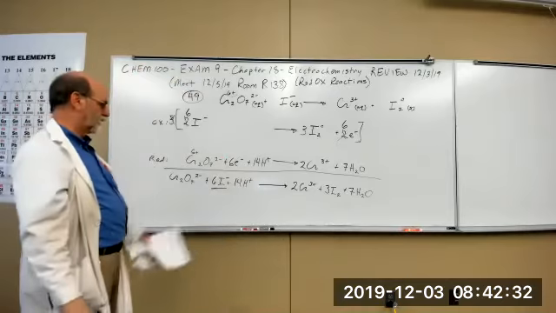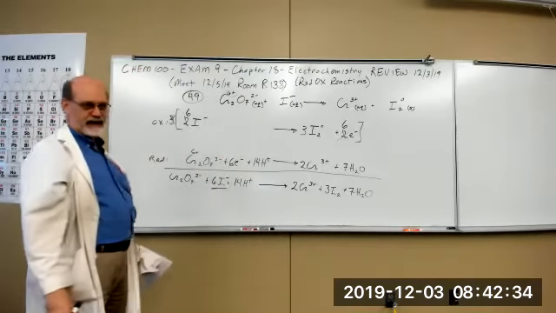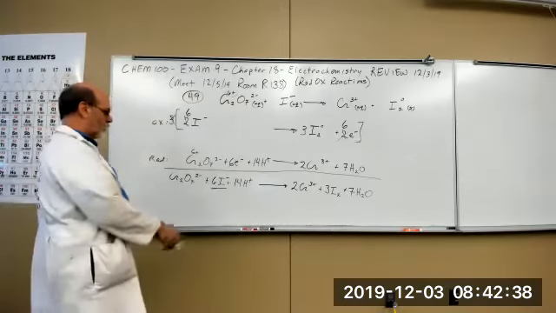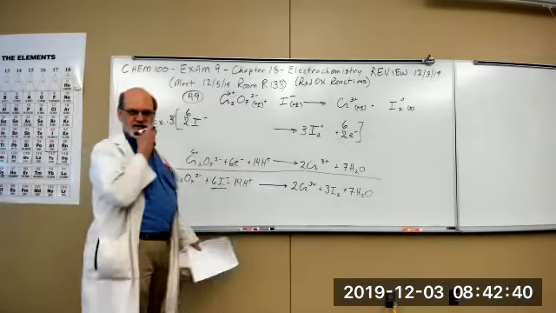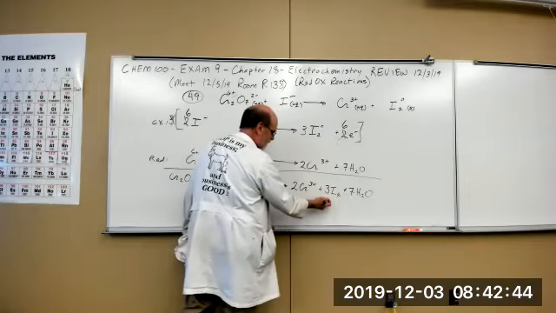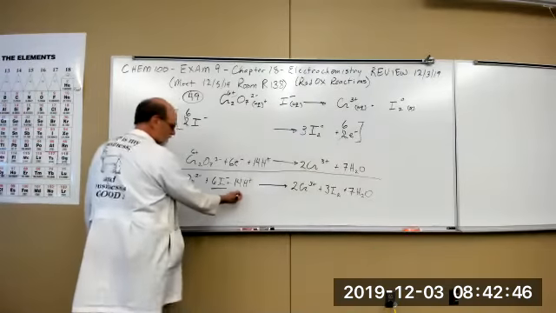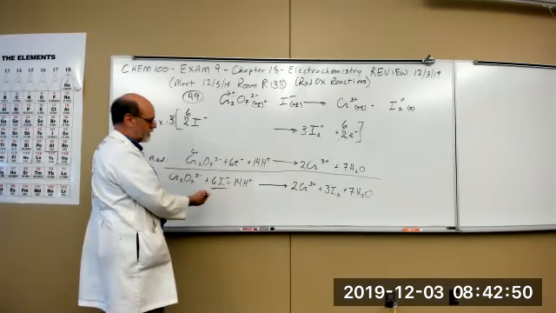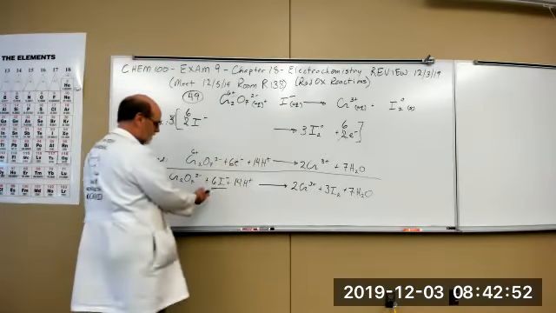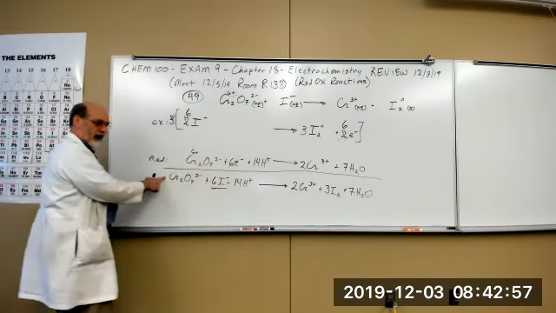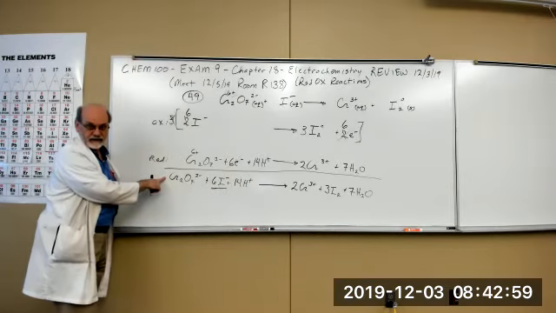It'd be 7. What's the coefficient for the iodine molecule? 3. Or what's the total of all of them? So what would be the total? Well, 7 plus 3 is 10, plus 2 is 12, and 12 and 14 is 26, and 6 is 32, and 1 is 33.